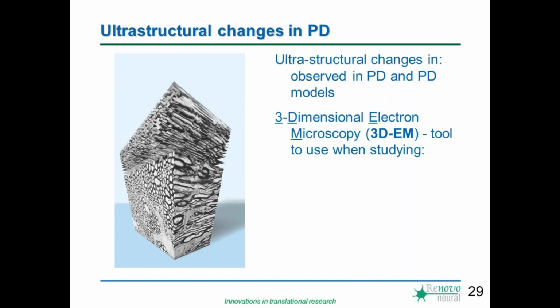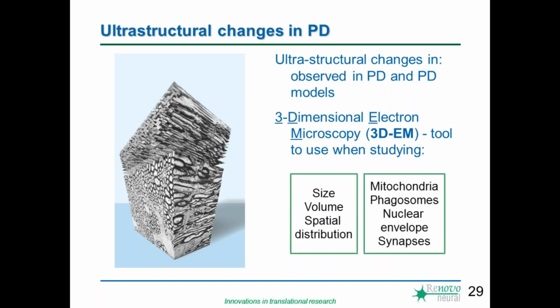This technique involves an automated process of sectioning, imaging blocks of tissue, and data acquisition. No other technique can provide such accurate information on number, volume, size, and distribution of organelles, for example, mitochondria, in a defined brain region.